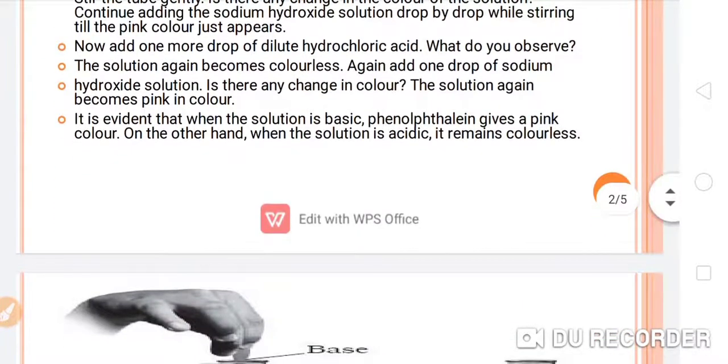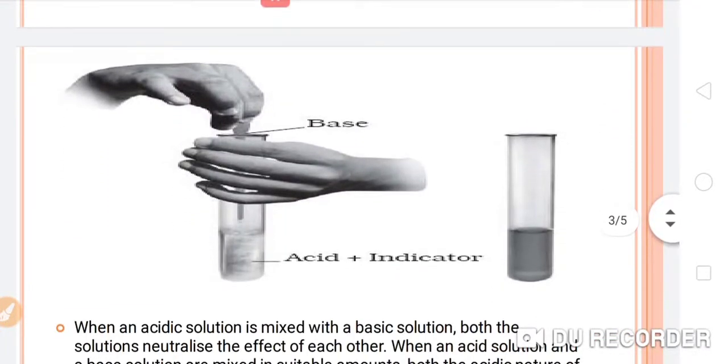In the given diagram you can see a test tube with acid plus indicator, and we are adding the base drop by drop. The base imparts a pink color with phenolphthalein.